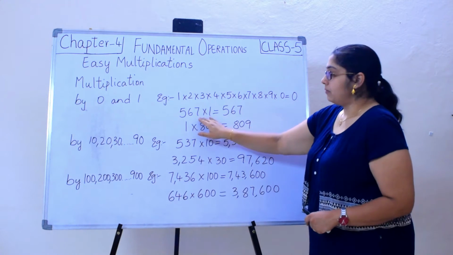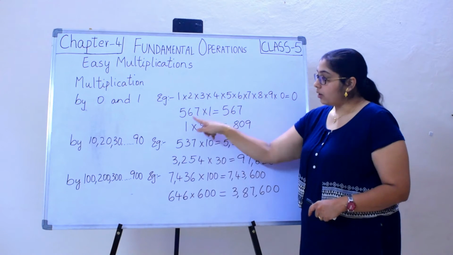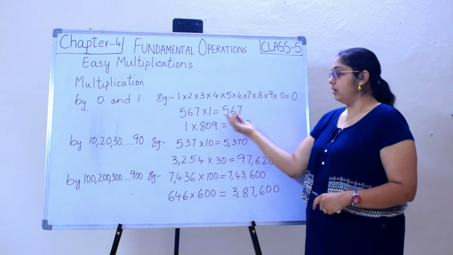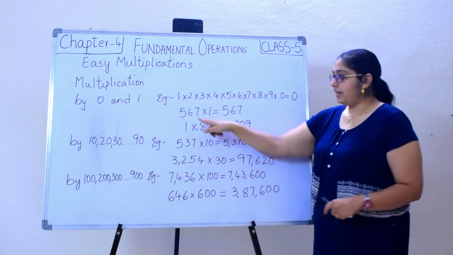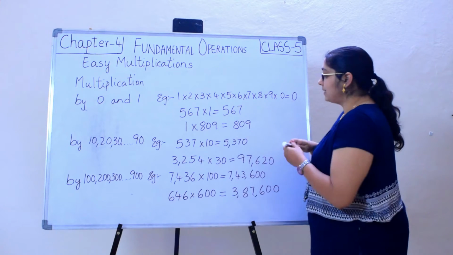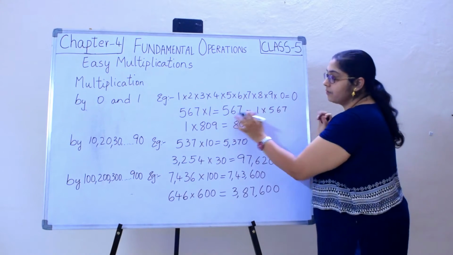Now coming to the 1 part, when you multiply 1 with any number or any number with 1, then the answer is that same number which you have multiplied. Here 567 into 1 is 567, or even I can say that 1 into 567 is 567.